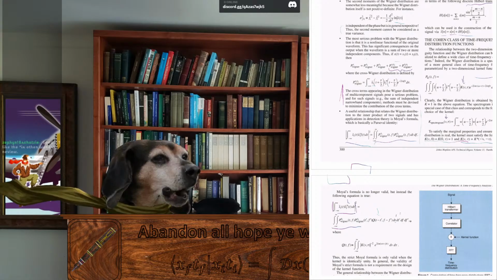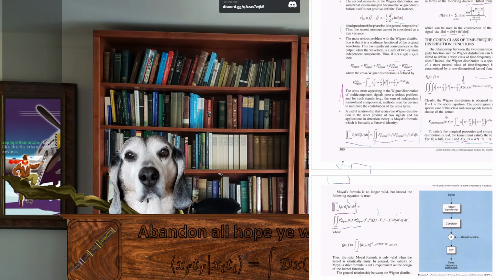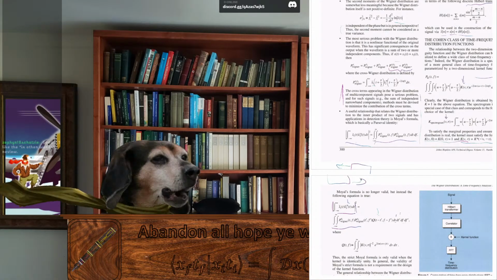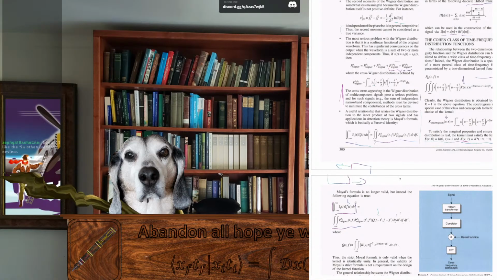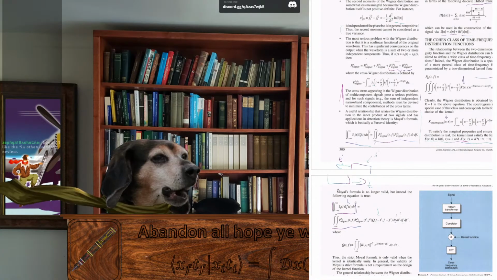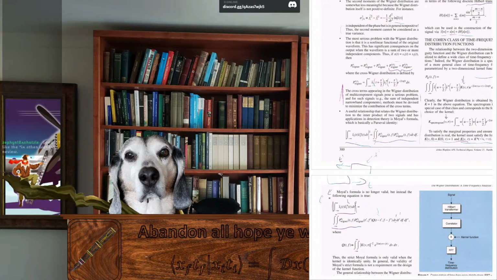in that you have these two different versions of time and these two different versions of frequency that are offset from each other. By integrating, you're sliding these across each other and looking at how they line up at different points in time and different points in frequency. One's moving in t prime, one's moving in t, this is correlating with f prime, this is correlating with f, and these are sliding across each other back and forth.